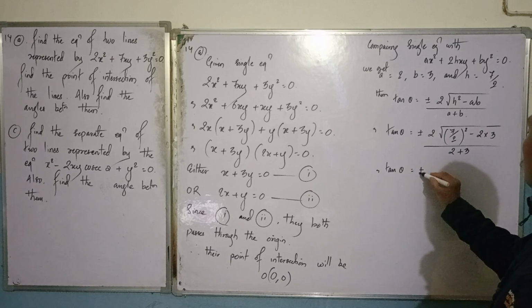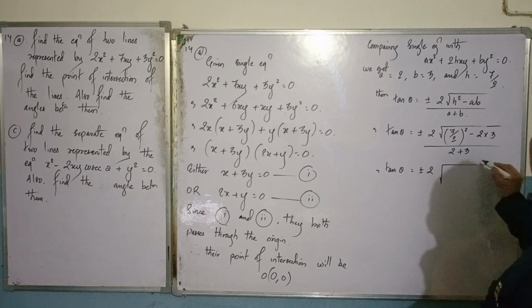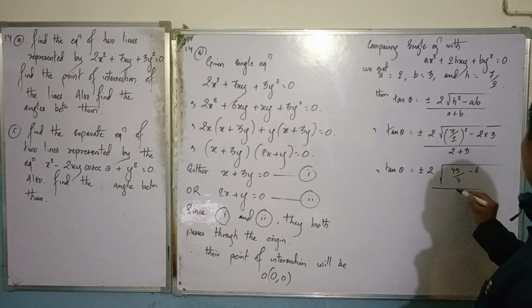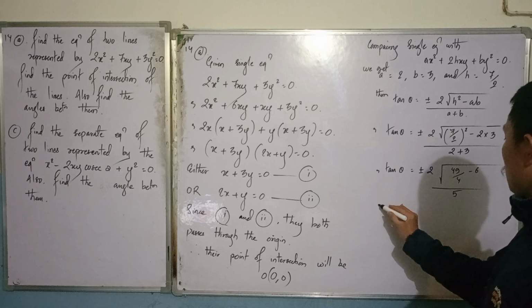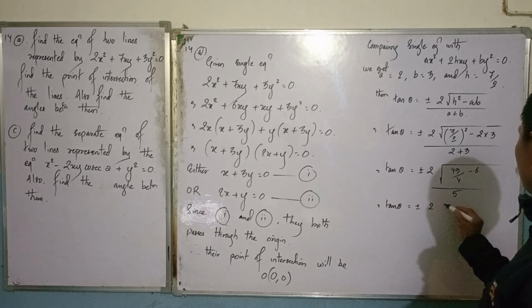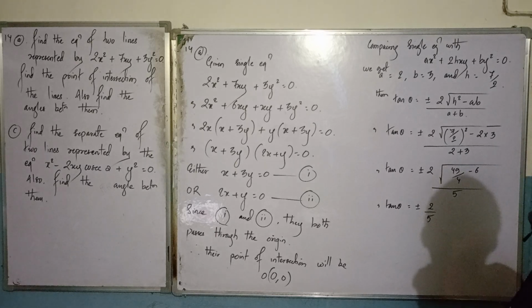So that will be 49 by 4 minus 2 3s are 6, divided by 5. This 5 will go to the denominator as a reciprocal.